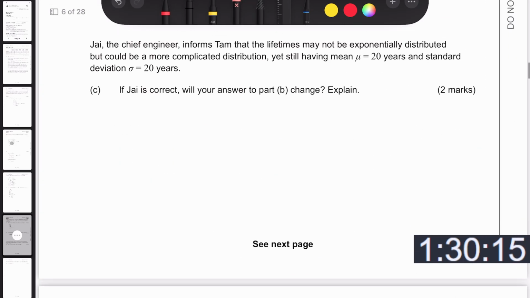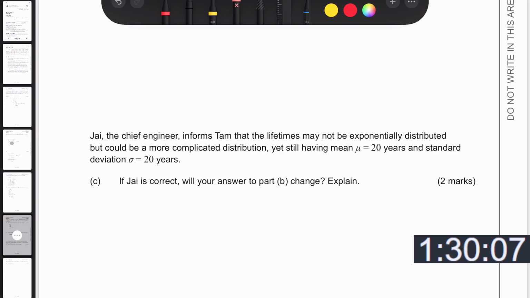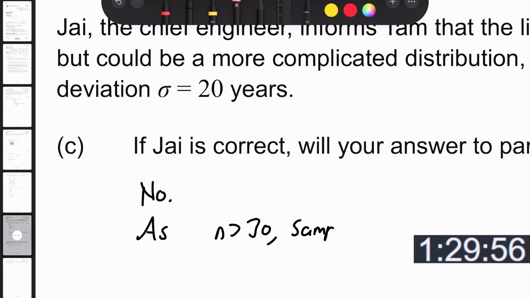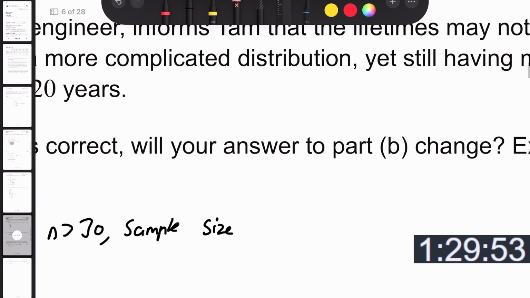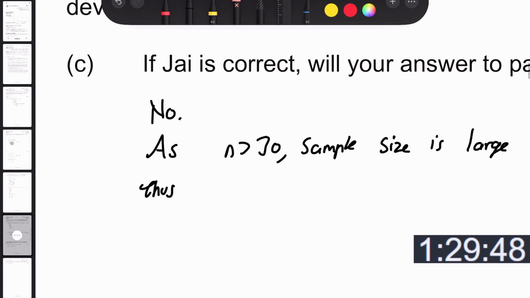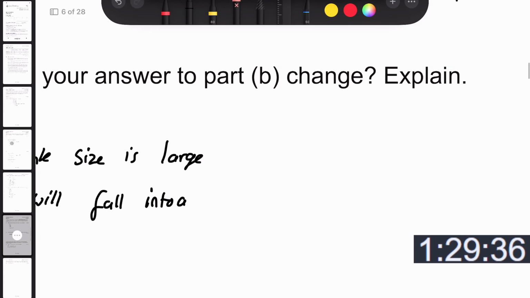The chief engineer informs that the lifetime may not be exponentially distributed but could be more complicated. Still, we answer in part B. Change? No, as n is greater than 30, the sample size is large. Thus, sample means will fall into a normal distribution.